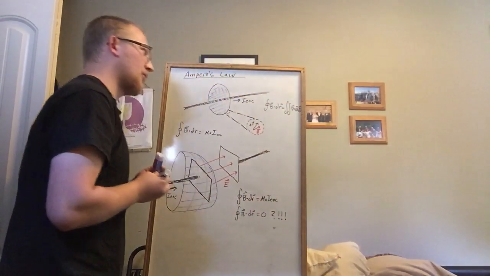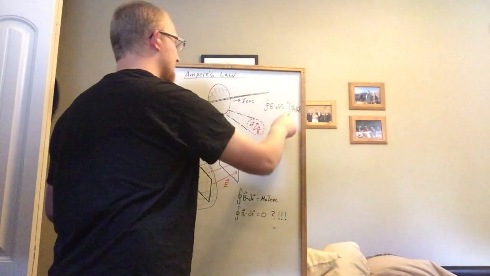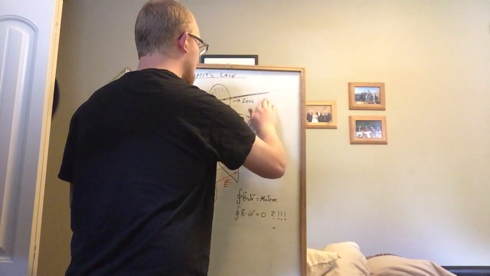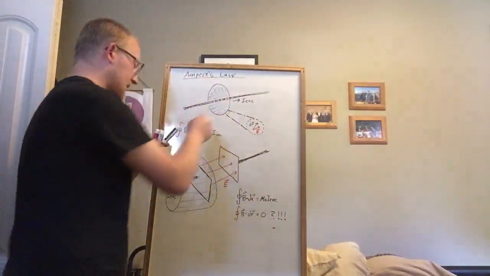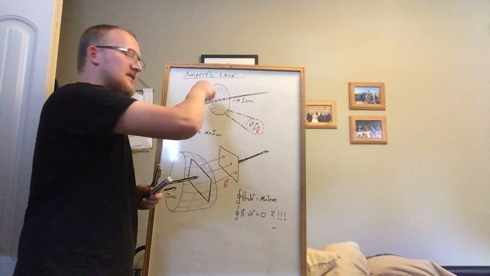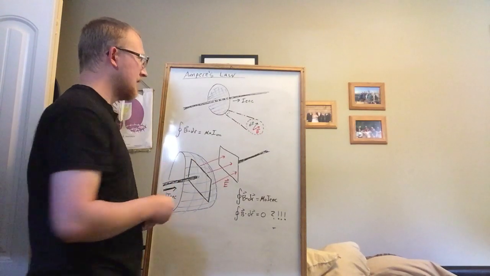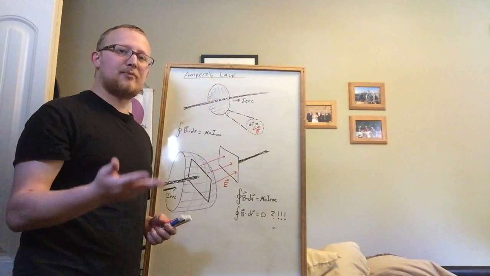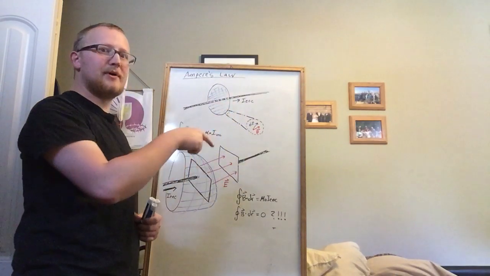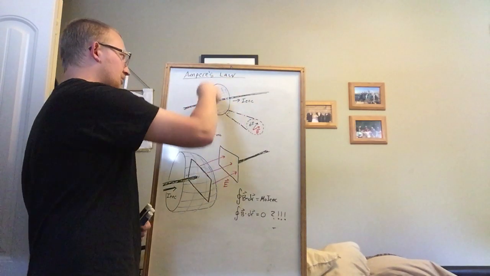If you remember the curl, take a look at this membrane, and the curl is going to be measuring each little segment's rotation. And Stokes's theorem proves that each one of these little rotations summed up cancel out except for on the perimeter.